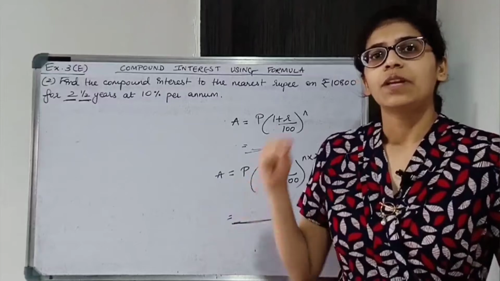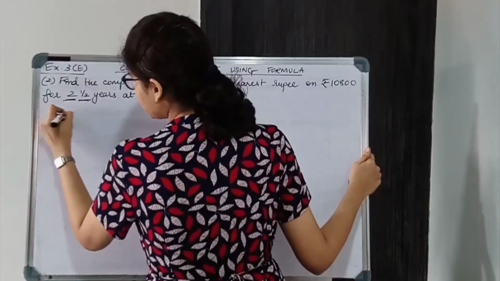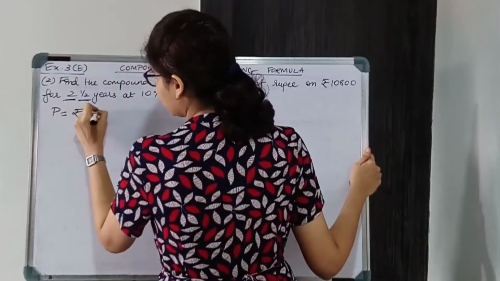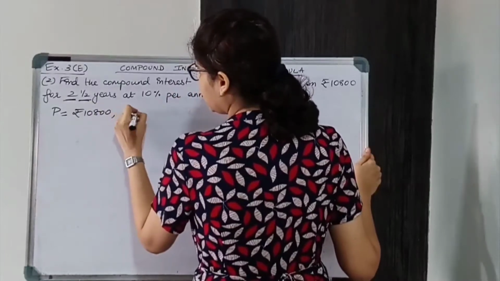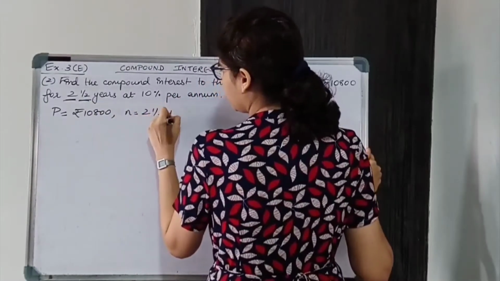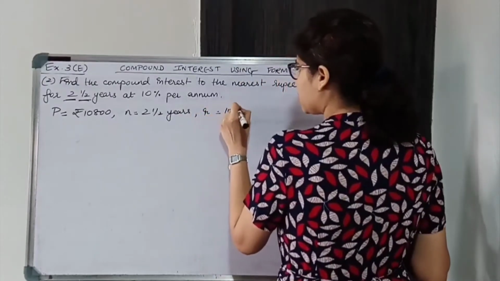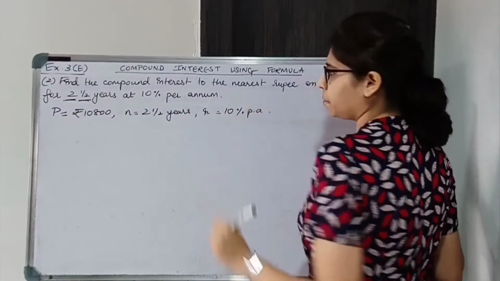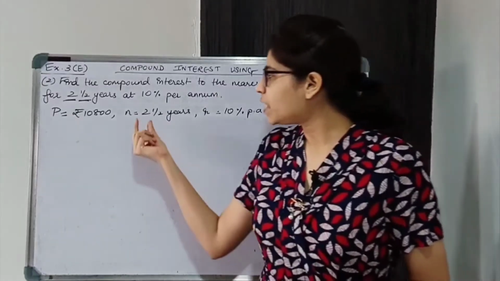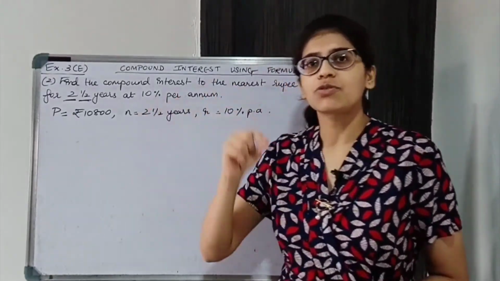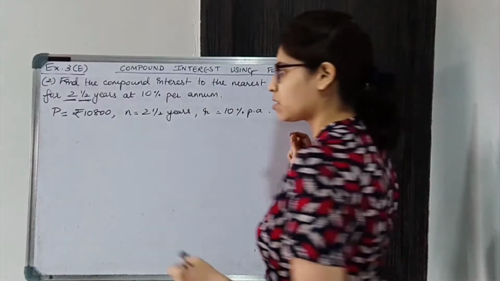So now let us start solving. Principal is equal to 10,800, N is equal to 2.5 years, R is equal to 10% per annum. Now first we will calculate for 2 years. So just write down the information for 2 years.